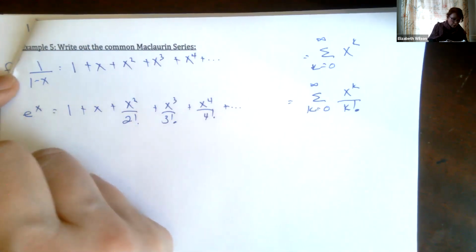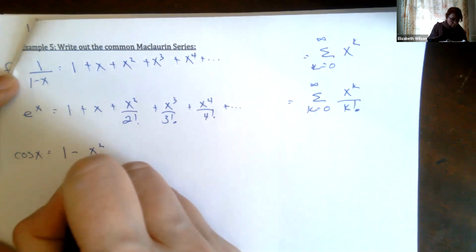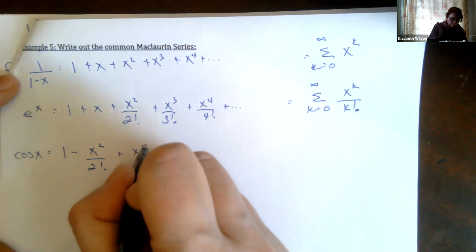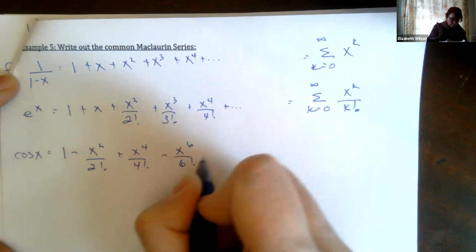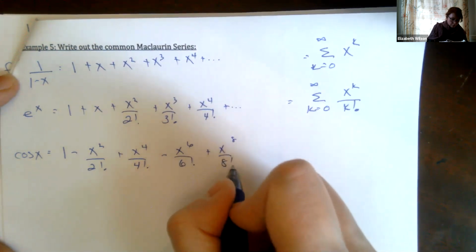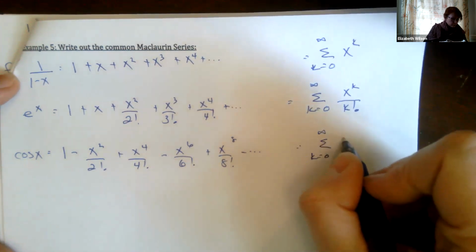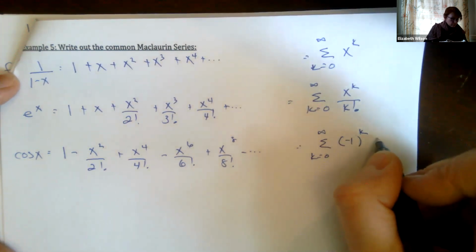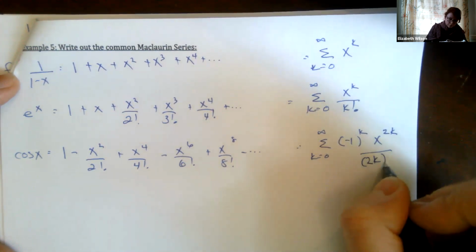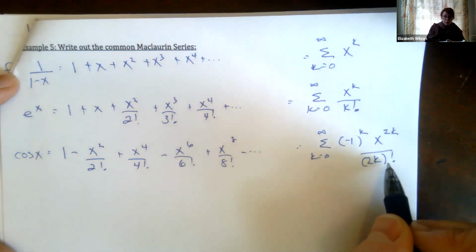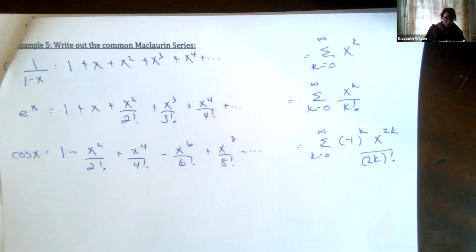And the next one is cosine. Watch, this is 2k factorial, not 2 times k factorial. This is an even function.